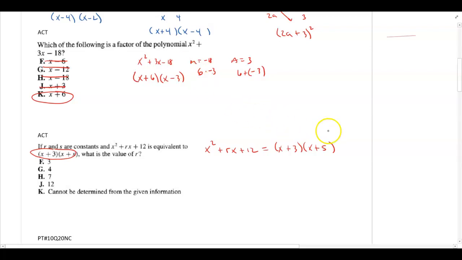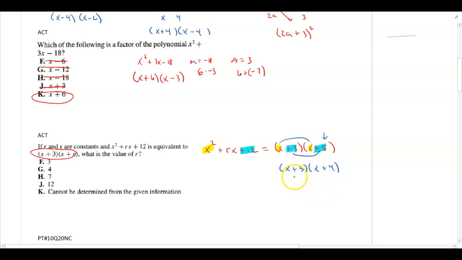Well, think about it. Can we figure out what s would be? Well, we know the first two terms, x times x, right? These multiply to give us that. And the last terms have to multiply to give us this. So 3 times what, right, would give me 12. Well, you know s has to be 4.